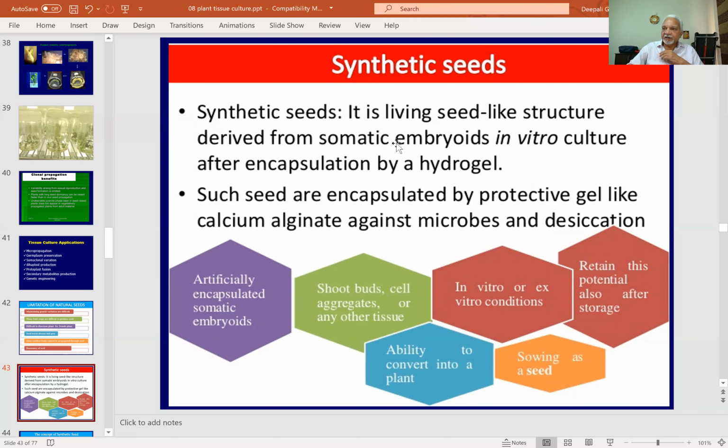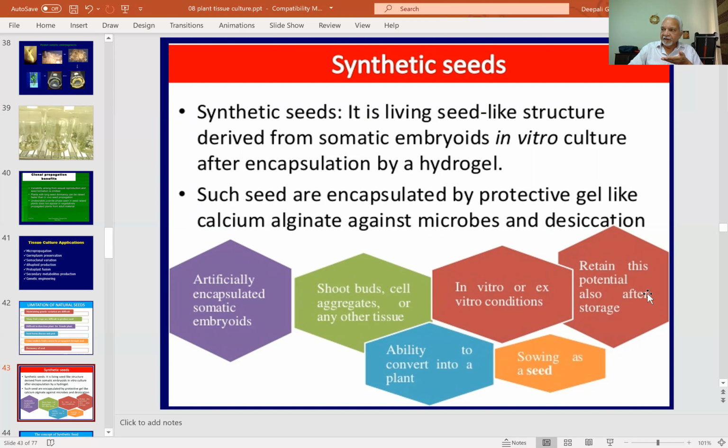Normally the somatic embryos are artificially encapsulated, and shoot buds, cell aggregates, or any other tissue can be used for generating somatic embryos. These somatic embryos are able to get converted into a whole plant once they are put for germination.